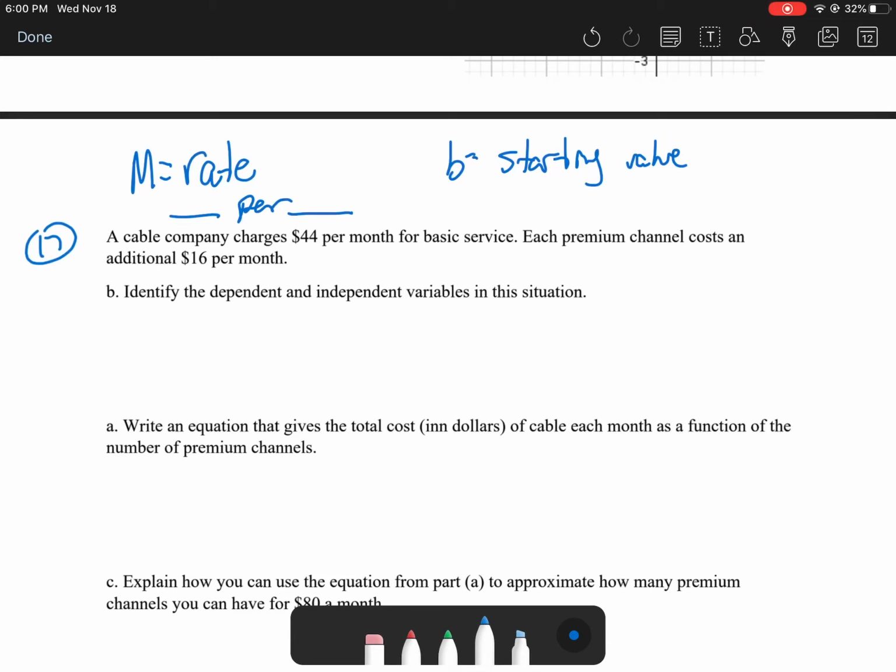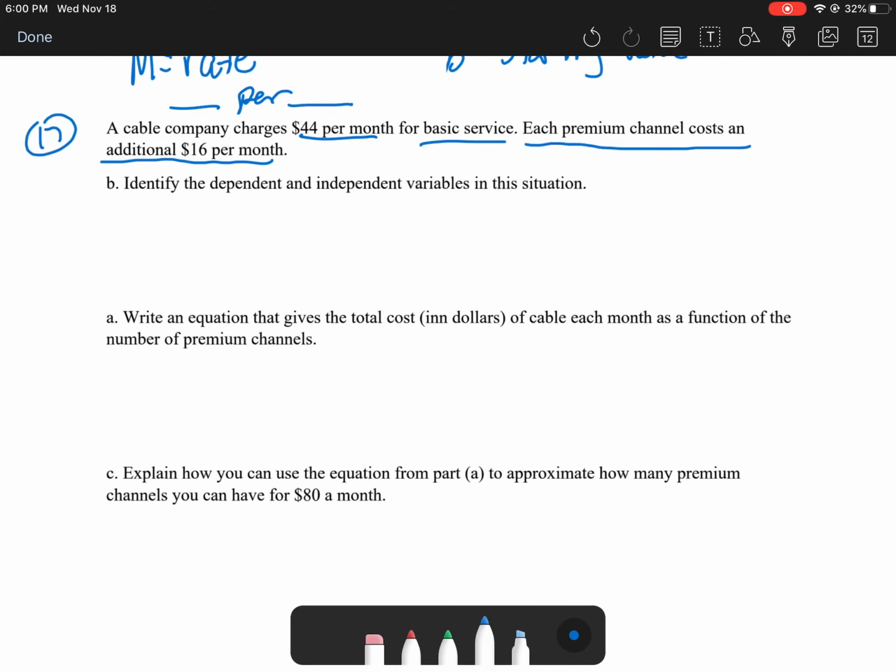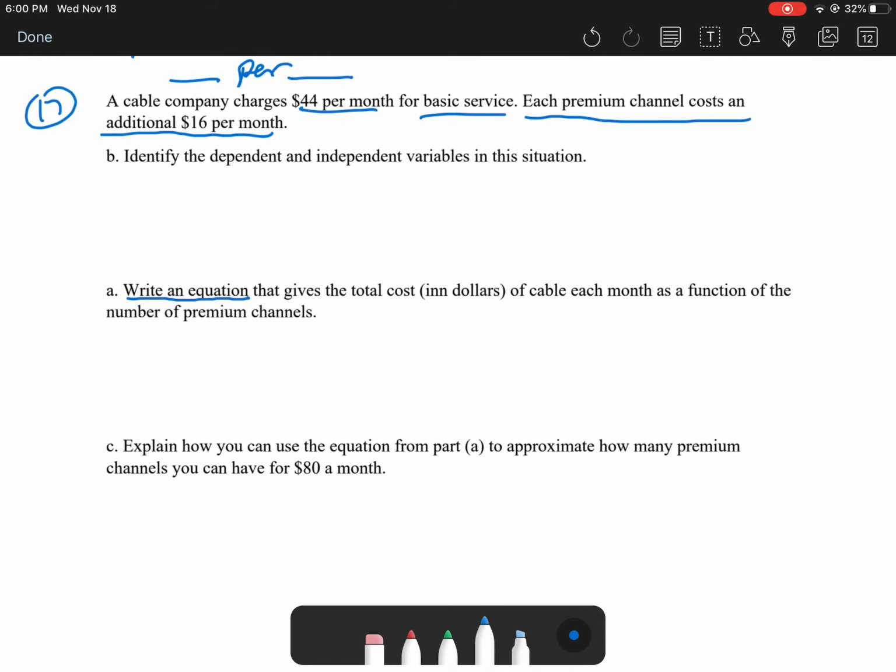So in this problem, I have a cable company that charges $44 per month for basic services. And then each premium channel costs an additional $16 per month. I mixed up B, A, and C. Don't ask why. It was a failed attempt. Write an equation that gives the total cost in dollars of cable each month as a function of the number of premium channels.